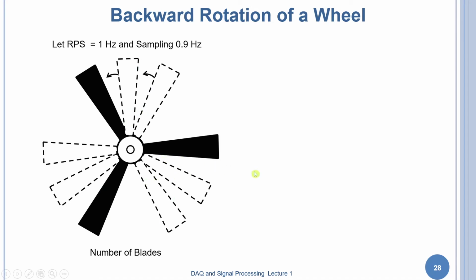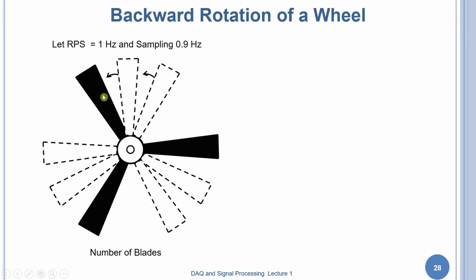If the fan speed and the sampling rate were equal, I would get the same frozen image every time, because this blade will come back to its original position every second.